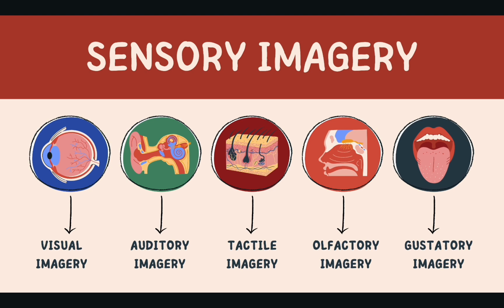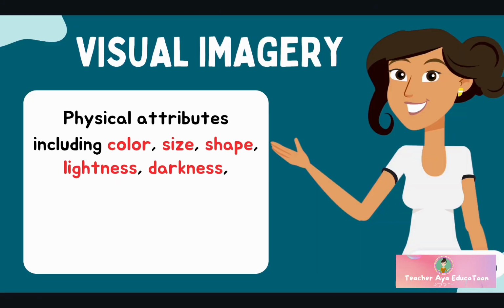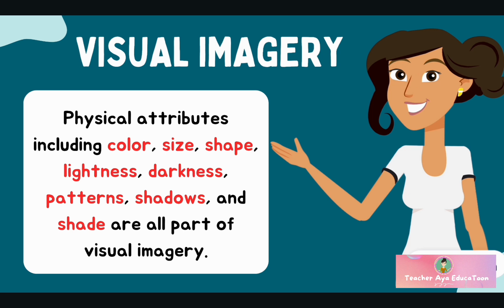Visual imagery includes visual descriptions. Physical attributes including color, size, shape, lightness, darkness, patterns, shadows, and shade are all parts of visual imagery.